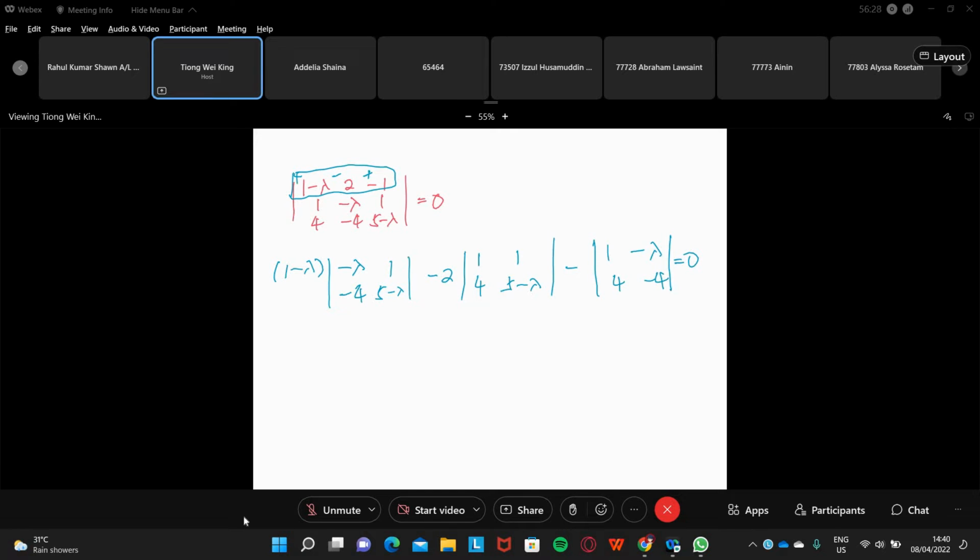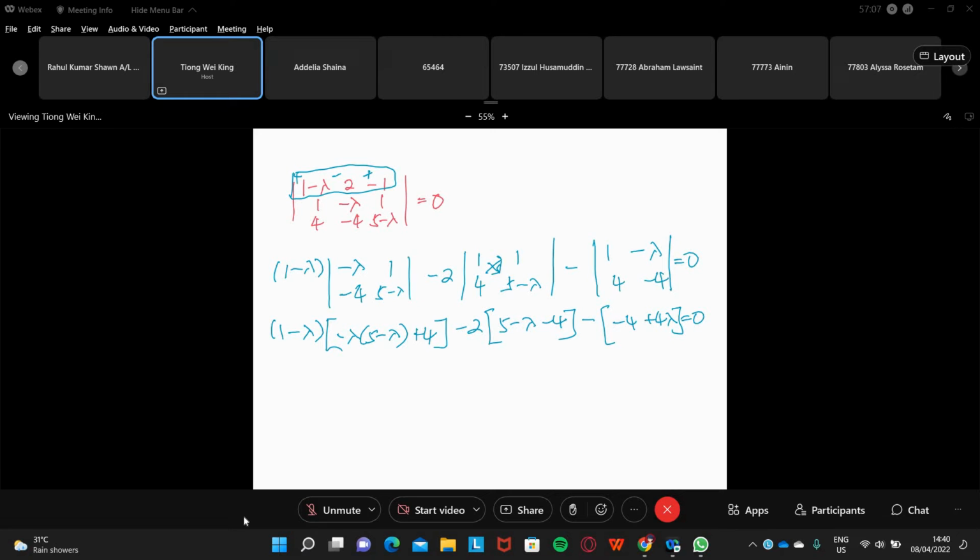Then you just simplify everything. Here you have minus lambda times 5 minus lambda, plus 4, minus 2. If you multiply, you get 5 minus lambda, minus 4, then minus 4 plus 4 lambda.